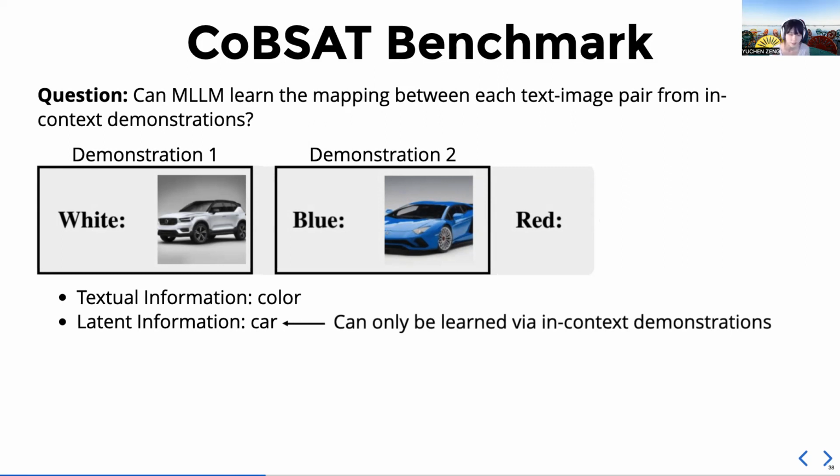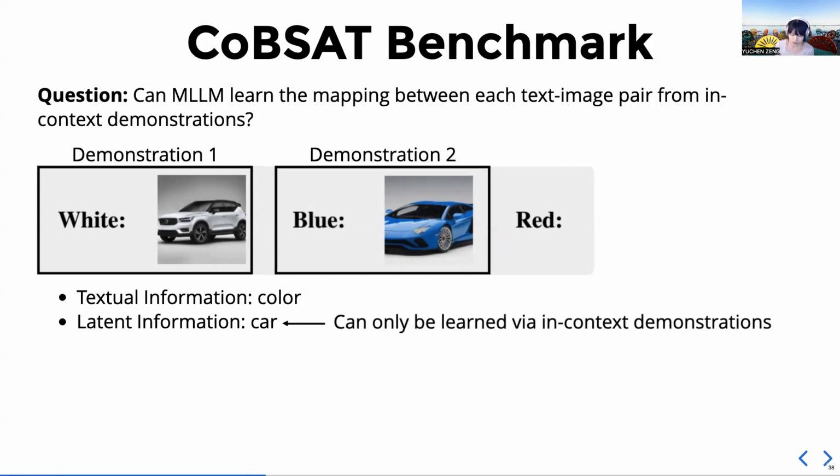Imagine if we directly provided the exact information, like the red car, as the query. Even without the in-context demonstrations, the MLLMs could probably still generate an image of a red car, and it would have nothing to do with in-context demonstrations.